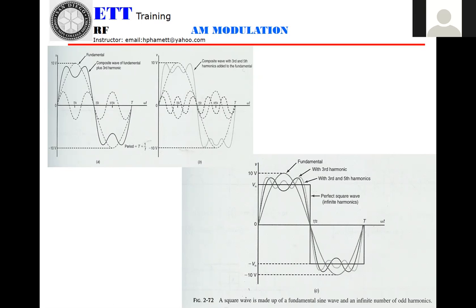What is the minimum frequency? It's also 1,000. So the bandwidth is 1K minus 1K, which is 0. That means there's no band really. It's just one frequency.